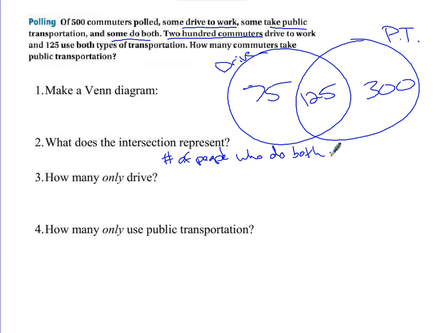How many people only drive? 75. We had to figure that out to be able to make the Venn diagram. How many only use public transportation? 300. See how easy the problem becomes once you have a Venn diagram? If you didn't draw that Venn diagram, you probably would get questions 3 and 4 wrong.